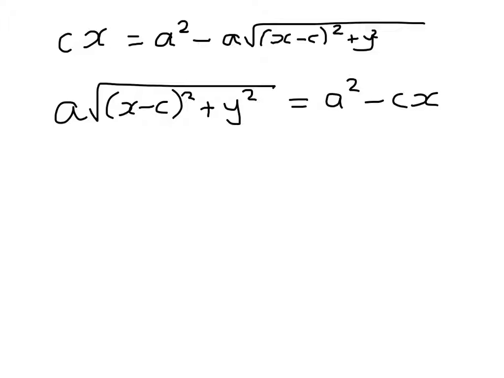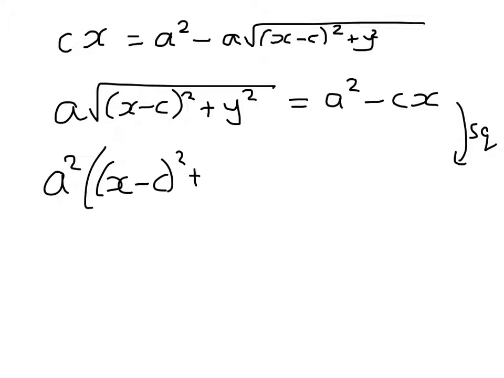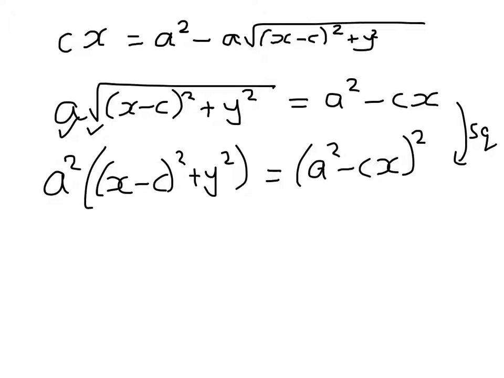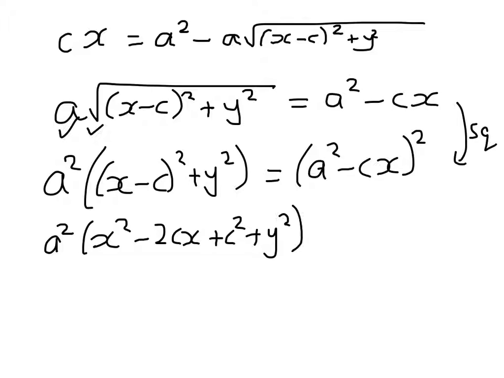So squaring both sides, I'll just put a note there of squaring, a squared times x minus c squared plus y squared. So that's that squared, and the square root squared gets rid of the square root. And over here, I'm going to square this. So here we'll have a squared times x squared minus 2cx plus c squared plus y squared.